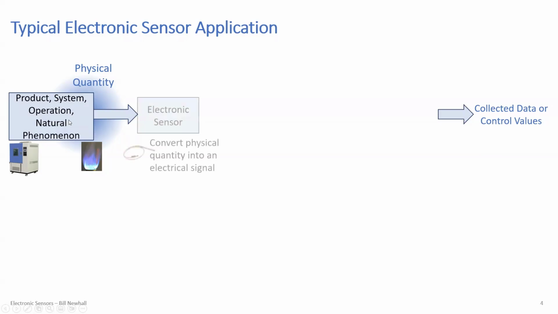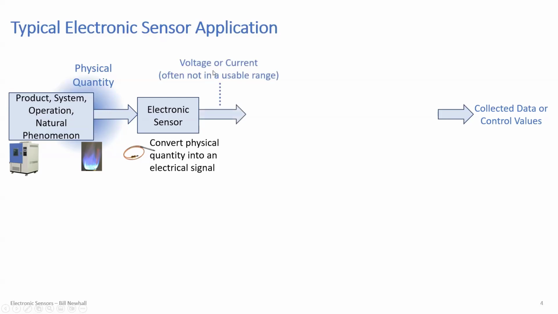All right, so to do that, to sense that physical quantity, that's where we put the electronic sensor in. And that's the basic device we're going to use, and there are going to be circuits that support that. So the electronic sensor converts that physical quantity into some kind of electrical signal, usually a voltage or a current, and often not in what I call a usable range.